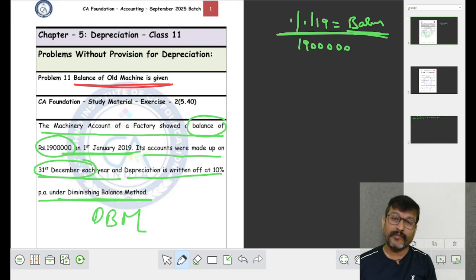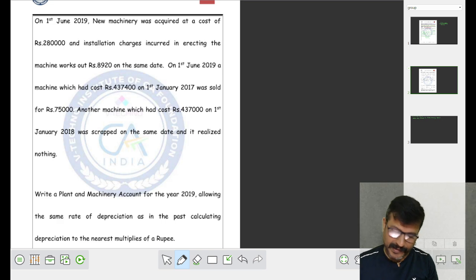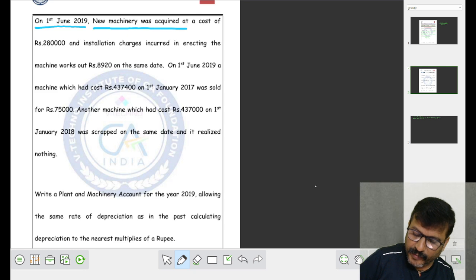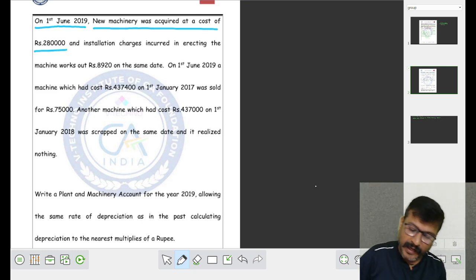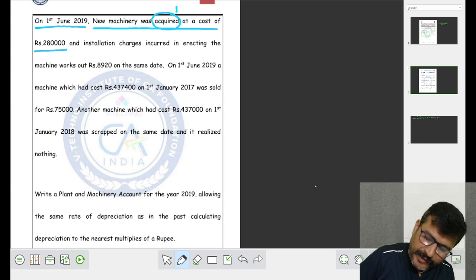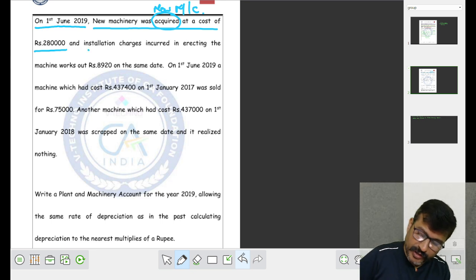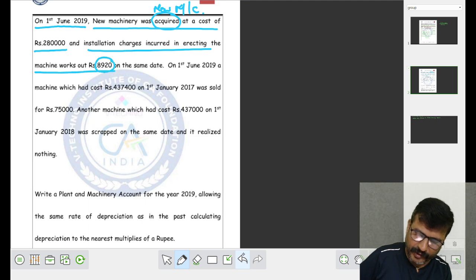So this is what we got from the first para. See the second para. Have a concentration, my dear children. On 1st June 19, new machinery was acquired at the cost of 2,80,000. Acquired means purchased. Installation charges incurred for erecting the machine is 8,920.